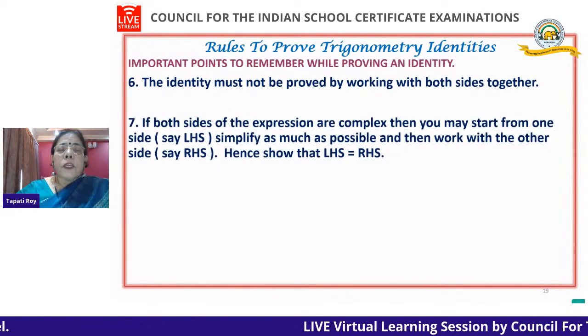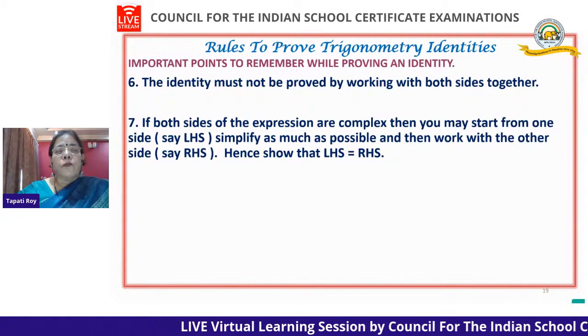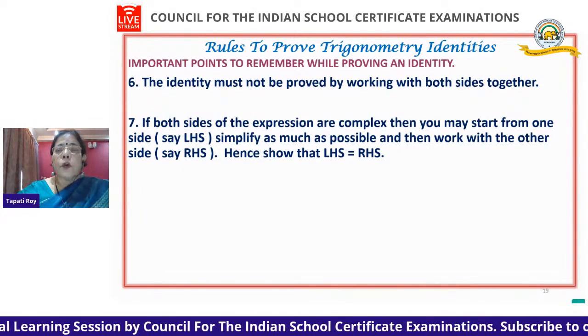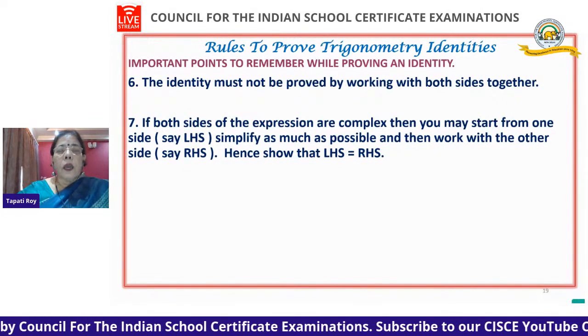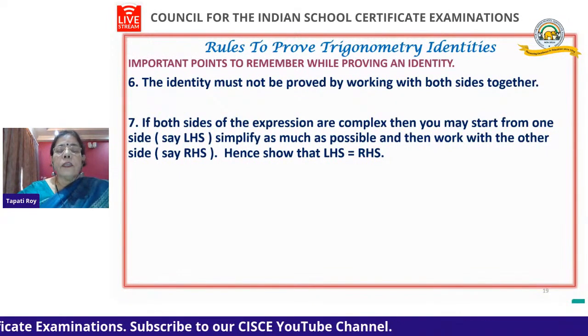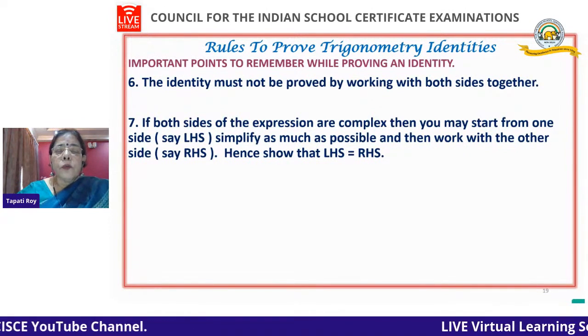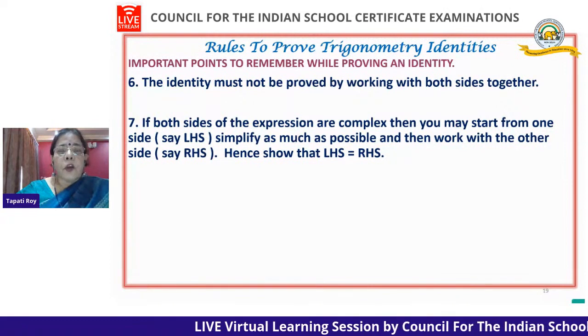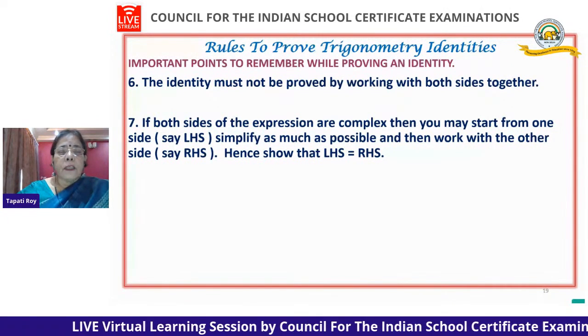Now, if both sides of the expressions are complex, then you must start from one side, say left-hand side, and simplify as much as possible, and then work with the other side, say right-hand side. Hence, show that left-hand side equals right-hand side. We have seen this also when we were doing the sums, if both the sides of the expressions are complex, so we had sums like that.